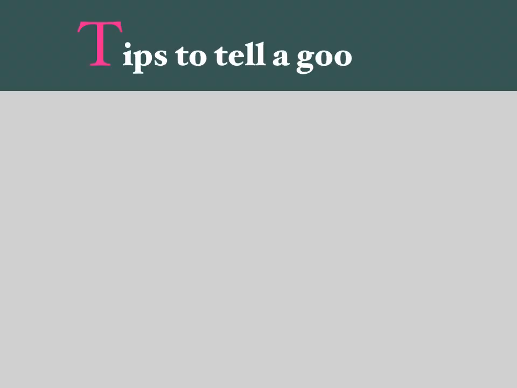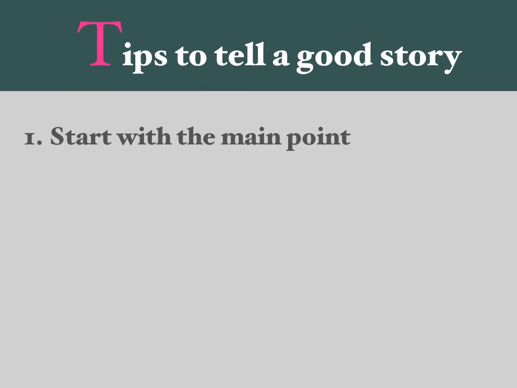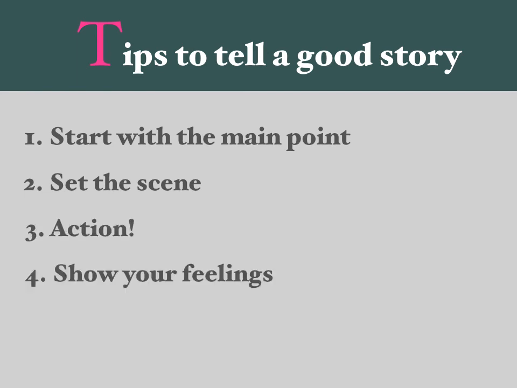In this lecture, we have looked at how to tell a good story. We recommend that you start with a main point in order to get your listeners' attention. After this, effective stories have a background section, the main action, and then a link with how the story makes you feel. Telling a story needs practice.